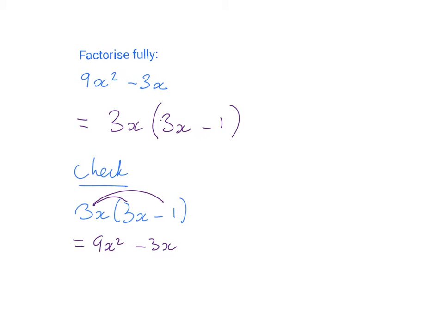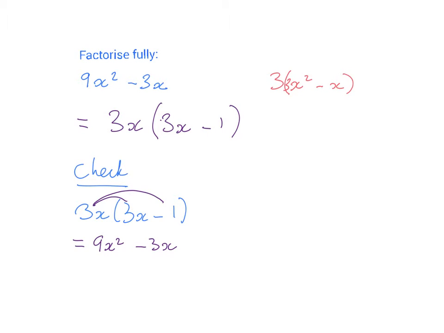If we hadn't noticed that 3x was the biggest factor there, we could have done it bit by bit. So we'll do an alternative way now. If we hadn't realised, we could have said, well, okay, so 3 is a factor. 3 times (3x squared minus x).